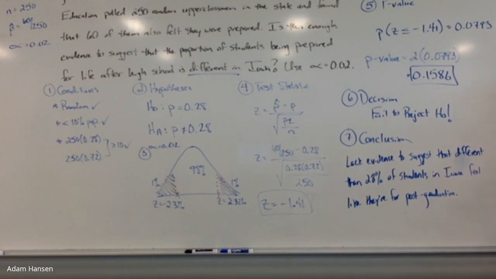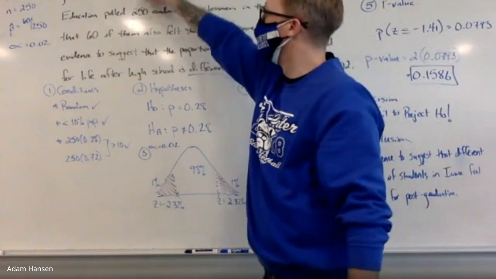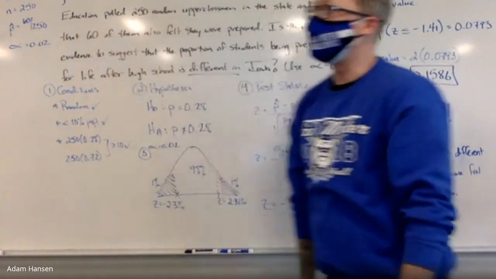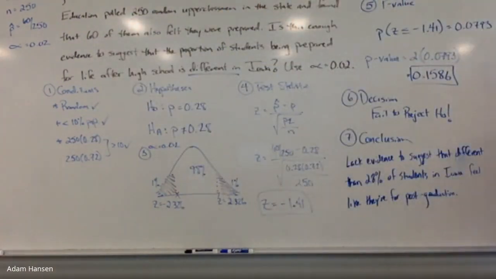Any difference between these two proportions, between the 28% national statistic and ours here in Iowa, is just due to random sampling variability. I just found a random 60 students by chance that were different than the 28% national average. Insignificant data.